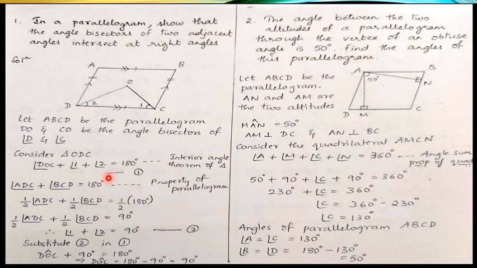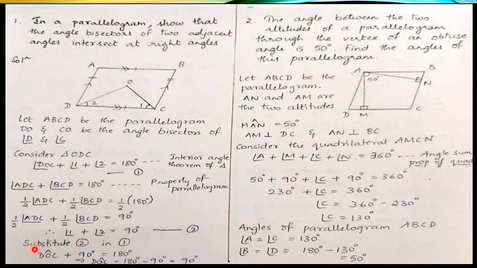Here we can see in equation 1 we already have this, isn't it? So now we got the value of angle 1 plus angle 2. Substitute here, so the equation becomes angle DOC plus 90 degree, because angle 1 plus angle 2 we just found is 90 degree, and RHS as it is, 180 degree.